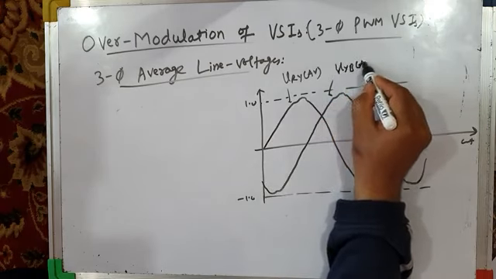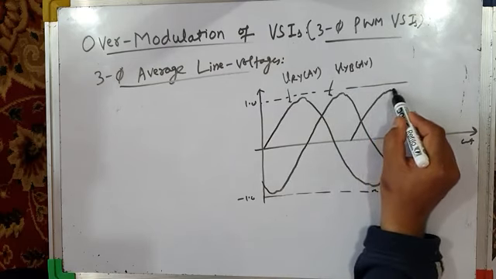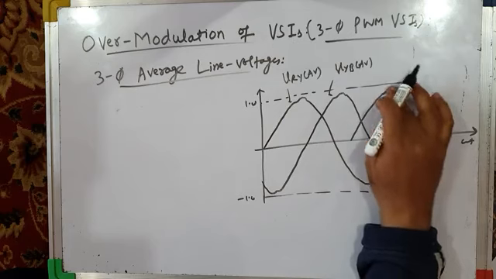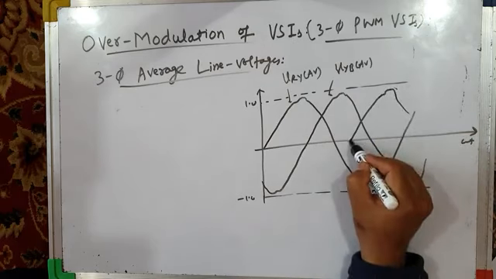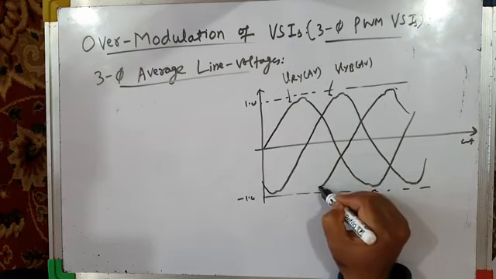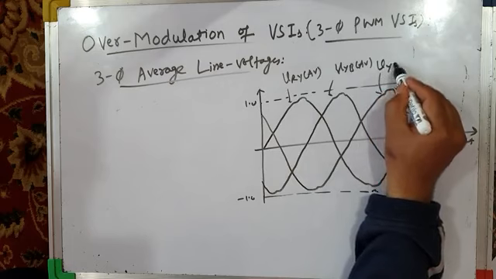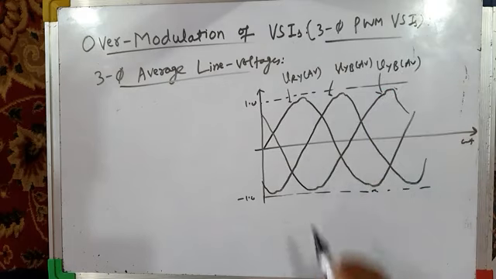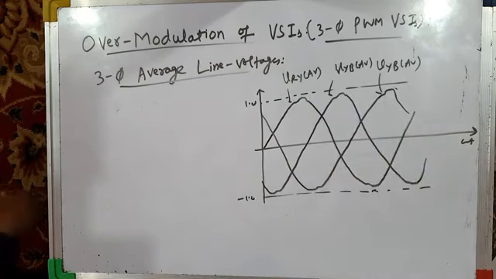VYB average, and VBR will be something like this. You can see near the peaks, these line voltages also get distorted.